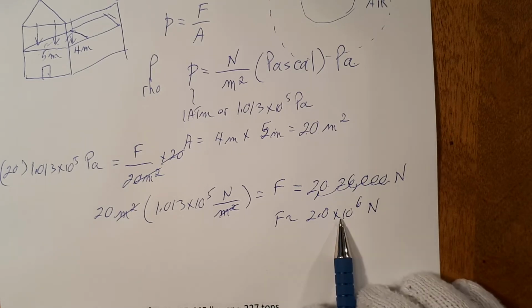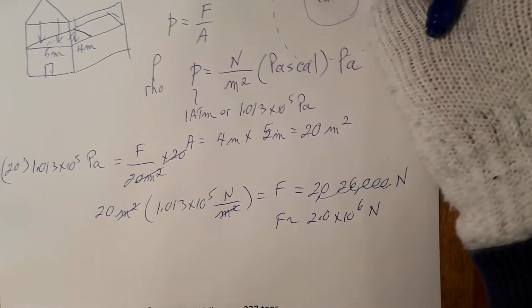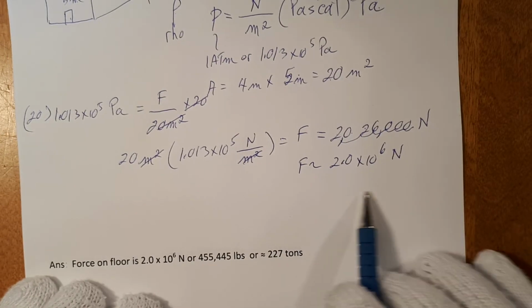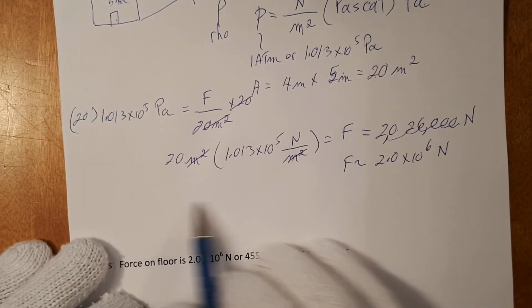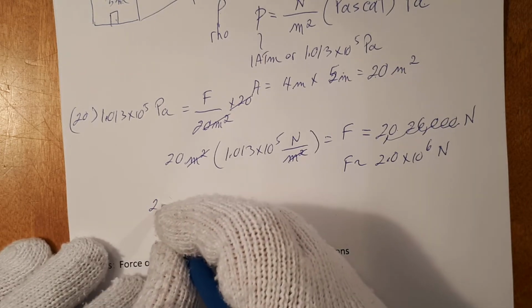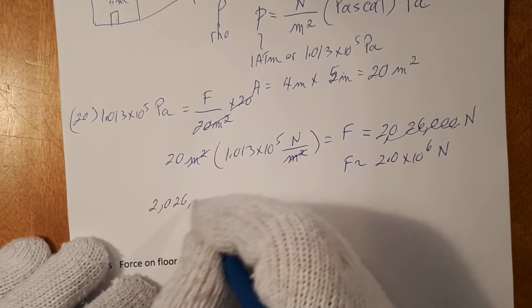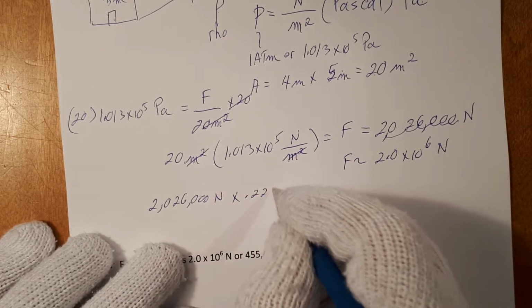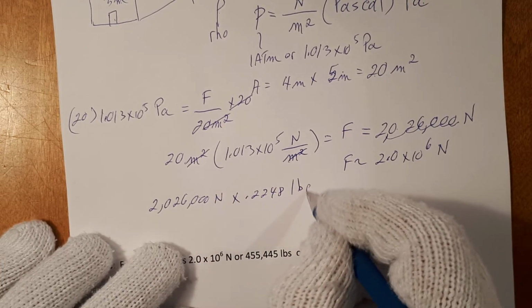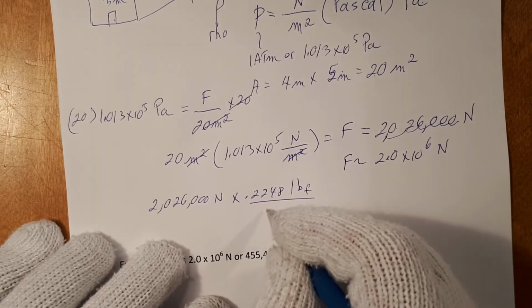Now, what's 2 million newtons? I don't know. I understand pounds, but we can convert this to pounds. Doing that conversion, 2026 newtons times 0.2248 pounds per 1 Newton.